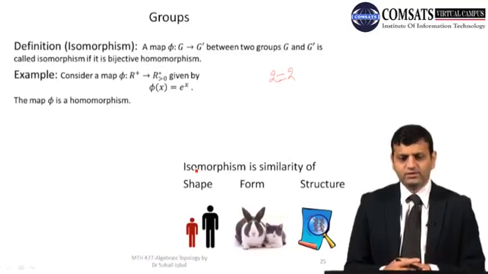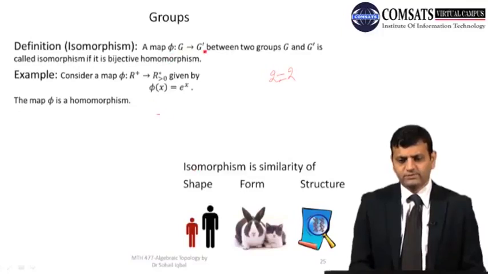Now when we are discussing groups, the group is not just a set, it is basically a set with some special structure on it. So when we talk about equality of groups, their structure must be the same with respect to the group structure. In other words, whenever we talk about the equality of groups, we use the term isomorphism. So isomorphism is the equality of groups.